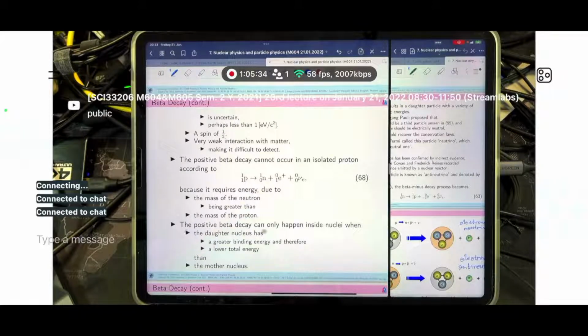The positive beta decay can happen only inside nuclei when the daughter nucleus has greater binding energy and therefore lower total energy than the mother nucleus. It means you could get this process when the daughter nucleus is very dense and has very great binding energy.